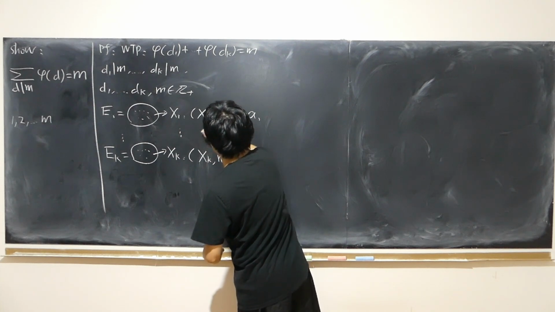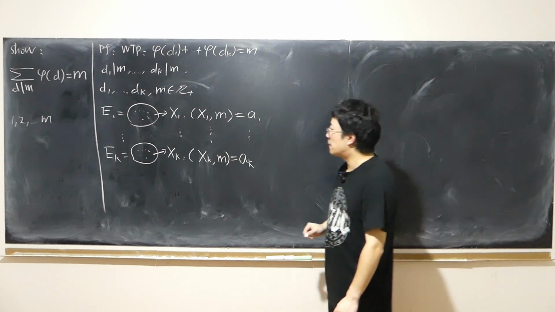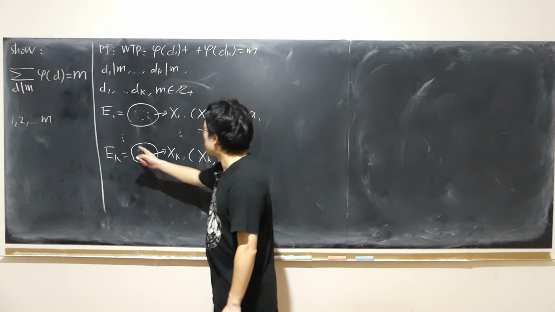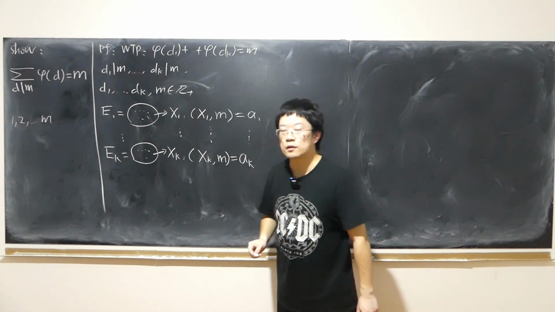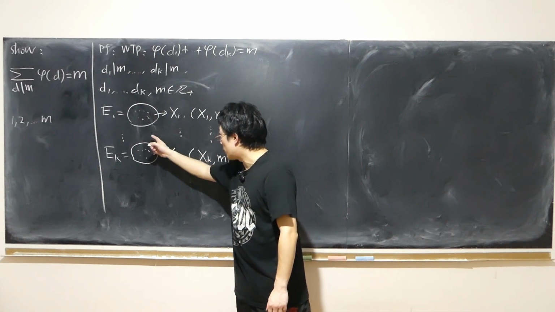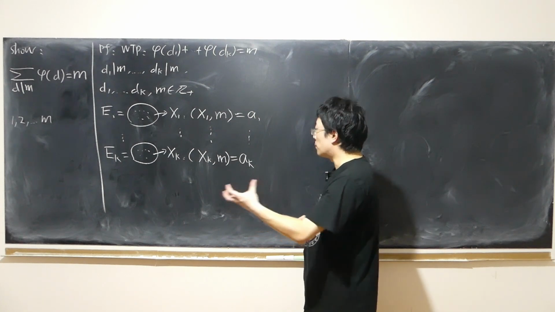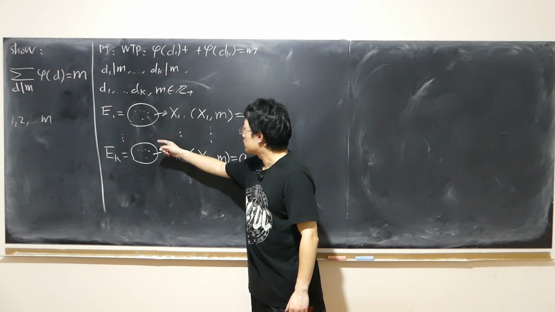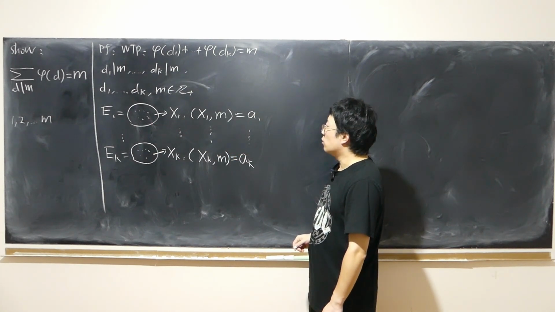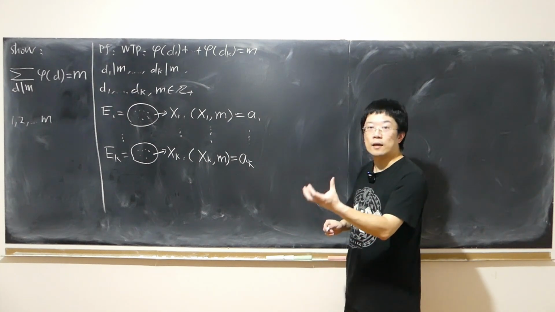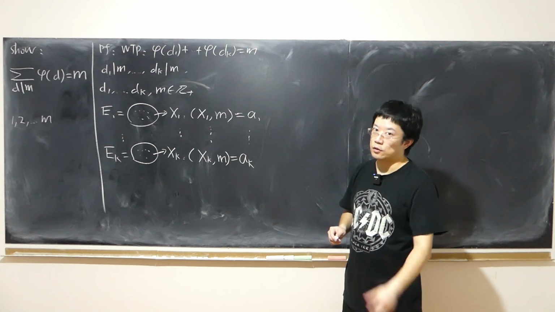Now here's my claim: all those sets are mutually disjoint. In other words, you cannot find two sets that share a single common element. Why? Otherwise, suppose some common element a0 is shared by two sets. But the greatest common divisor of a0 and m is a fixed positive integer.